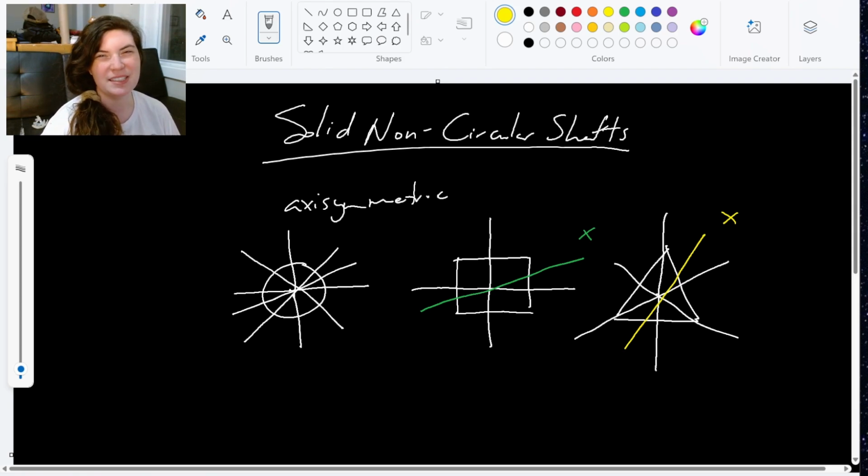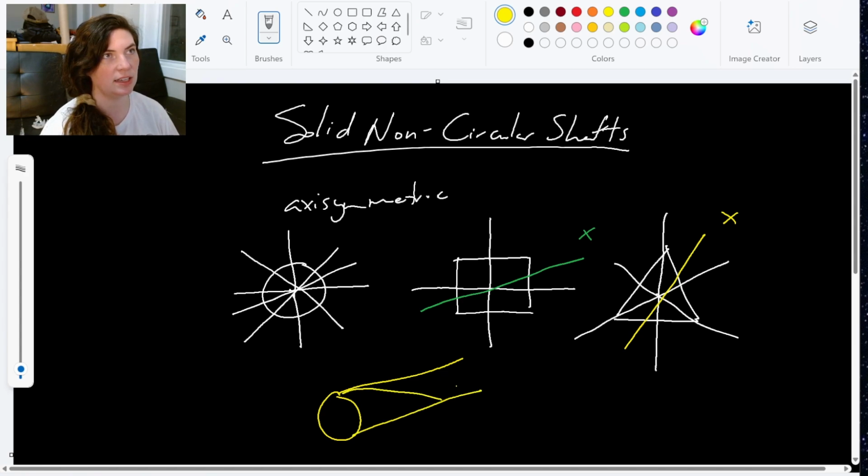What we end up with instead with these non-circular shafts is really complex shear stress distributions. Because as we said, when we put something in torsion, it twists into this helical shape. So we take some rod and we twist it, and we get these helical lines of twist.